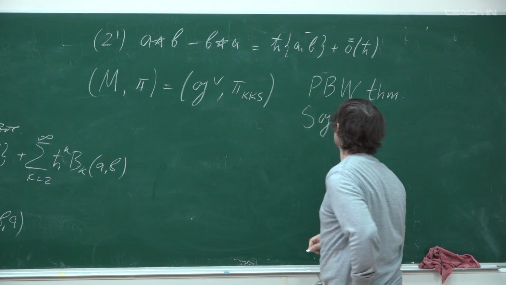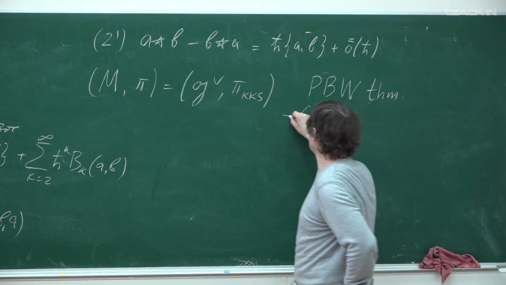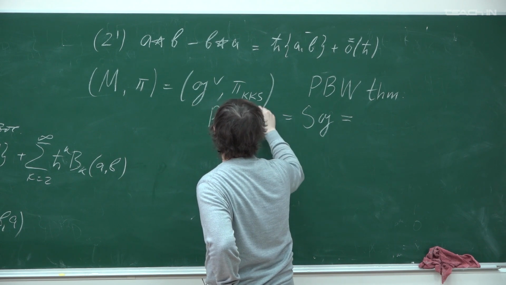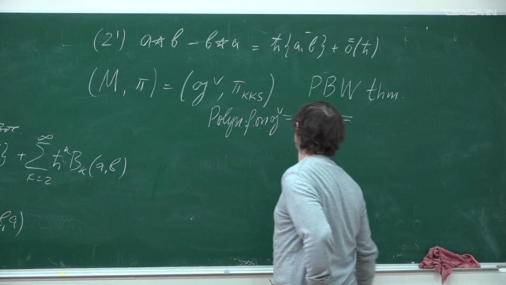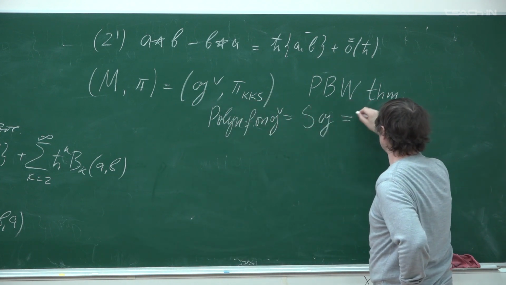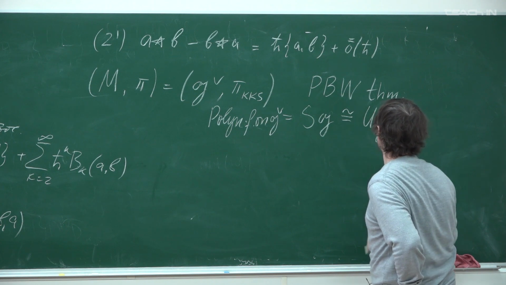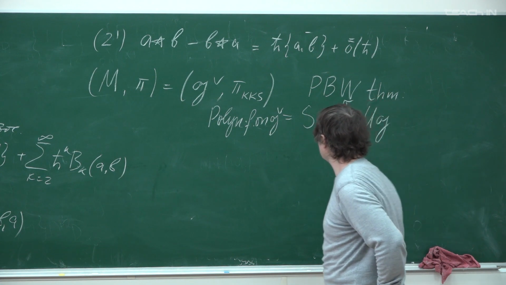First, we do it on the space of polynomial functions on g check. We induce it from the universal enveloping algebra; this is a linear isomorphism, in fact.